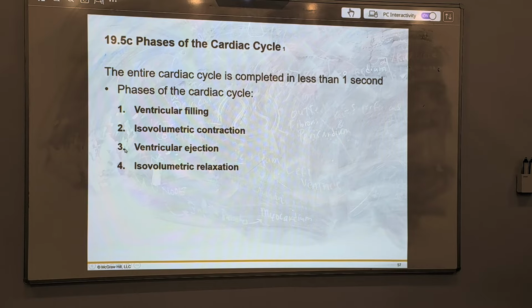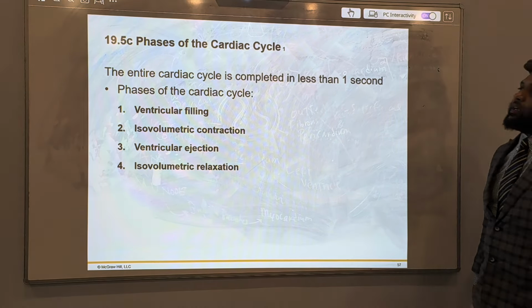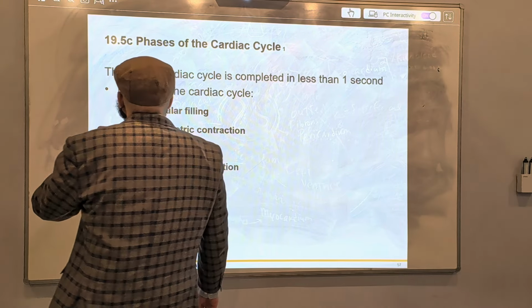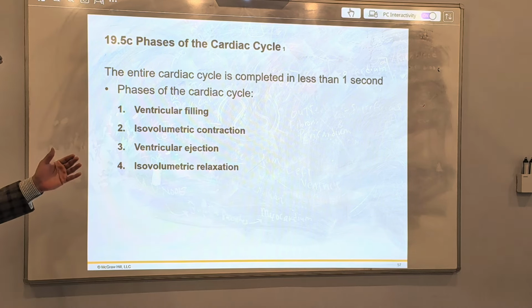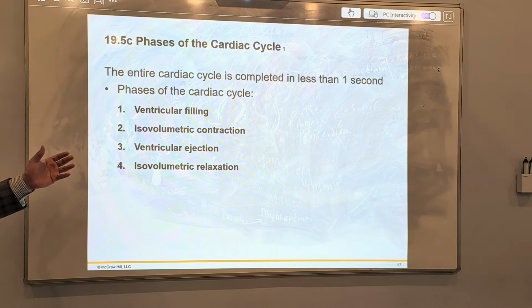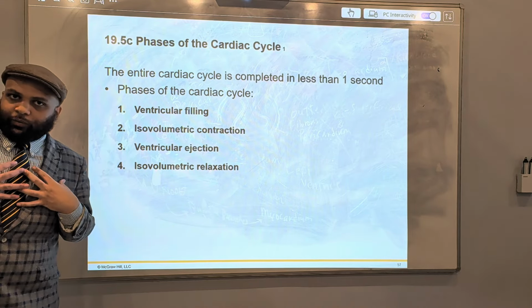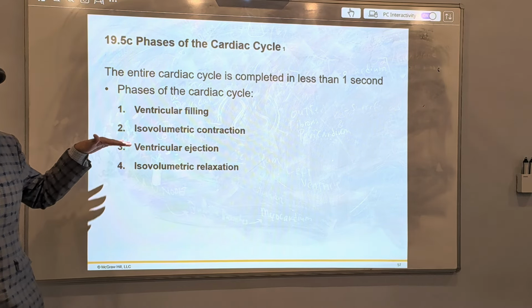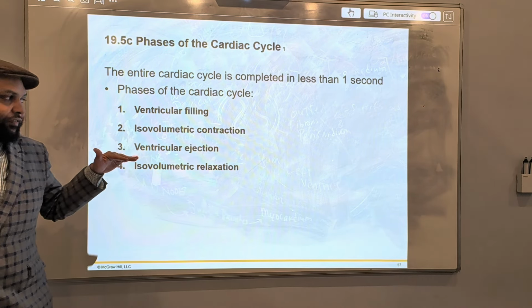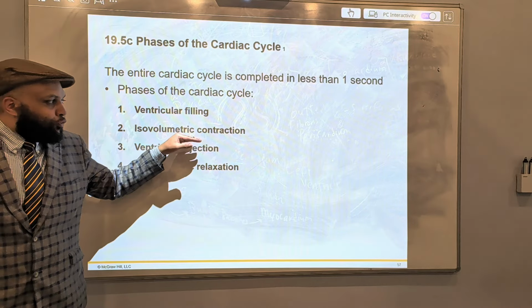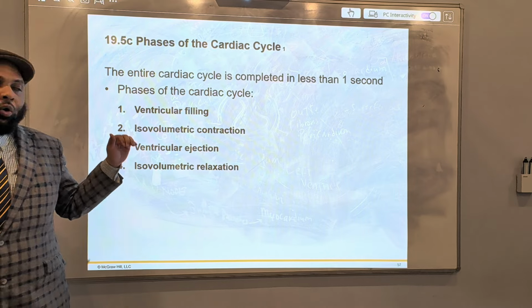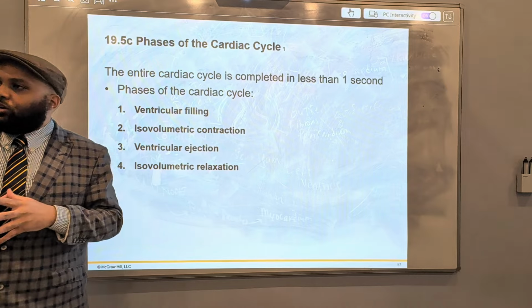Everybody look at the 4 phases through which the cardiac cycle happens. You have ventricular filling, the ventricles fill with blood. Then you have the neutral phase known as isovolumetric contraction or isovolumic contraction.